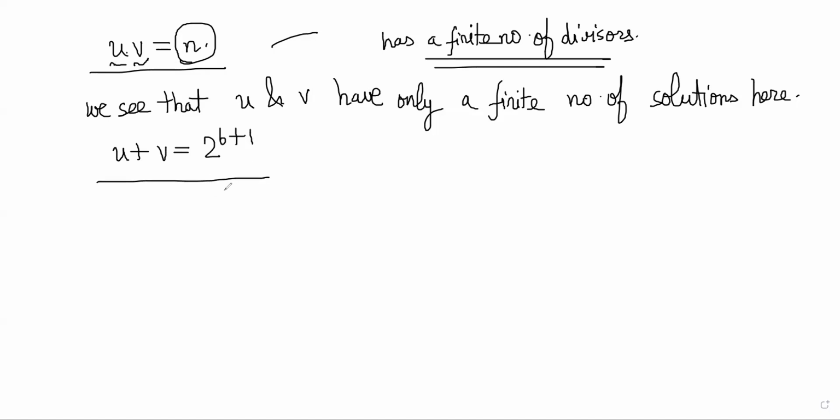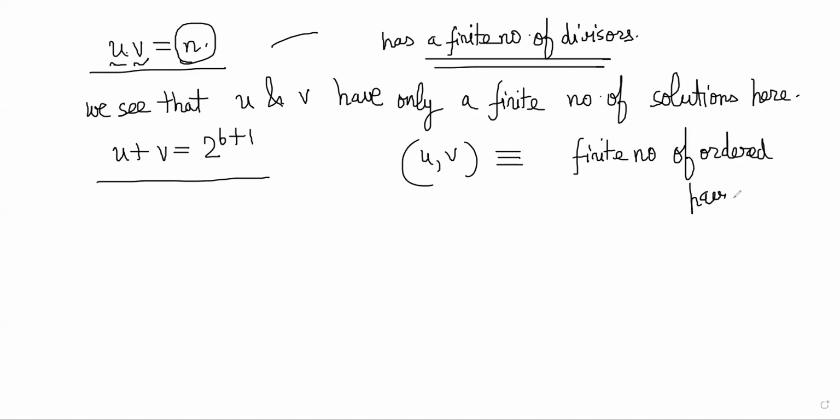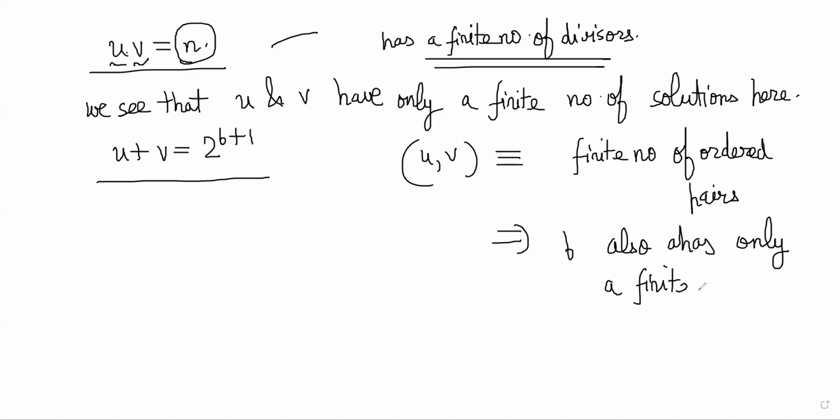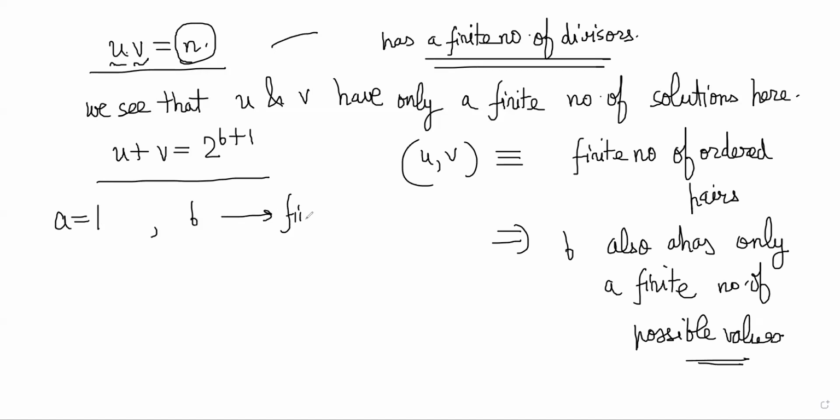This equation was there for us, and we know that the ordered pairs (u, v) are only a finite number of ordered pairs, right? So that implies that b also has only a finite number of possible values. We already know a is 1. We know that b has a finite number of solutions.